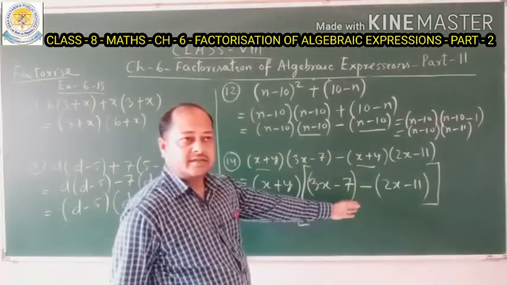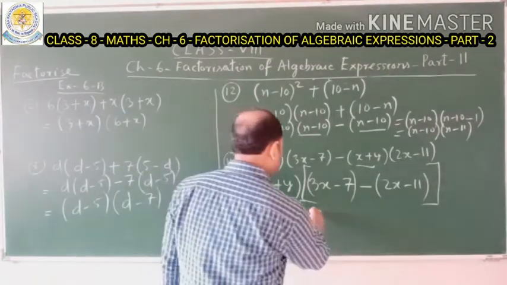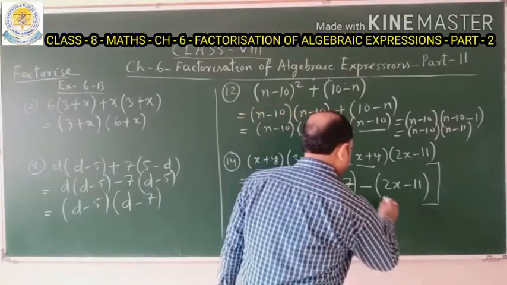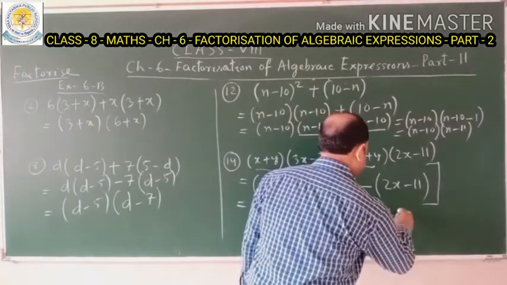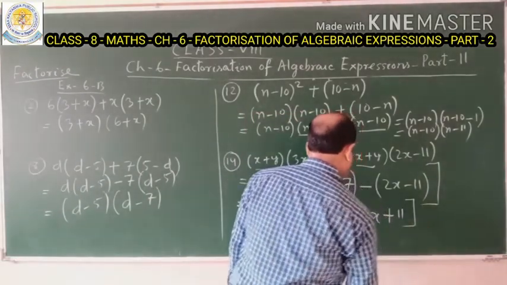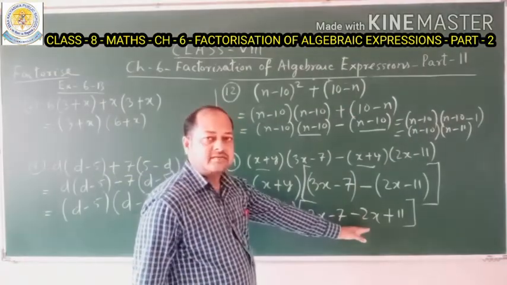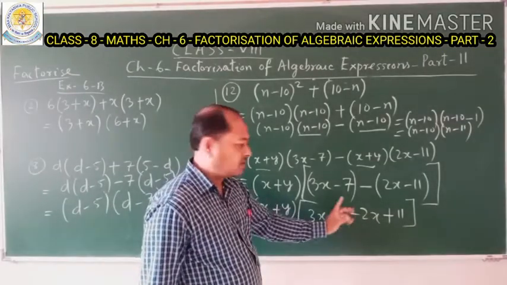Okay. So here x plus y you can write. Then open the bracket. If you open the bracket, the sign will be changed. So 3x minus 7, then minus 2x, and minus of minus becomes plus, so plus 11. Now just simplify it. Like terms we can simplify. 3x minus 2x is how much? x or 1x.